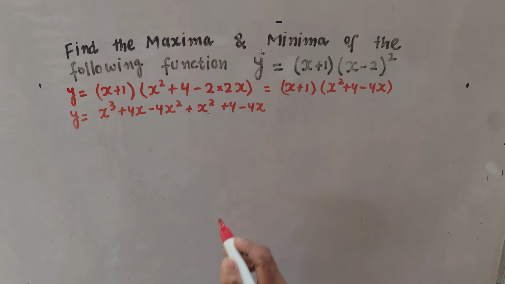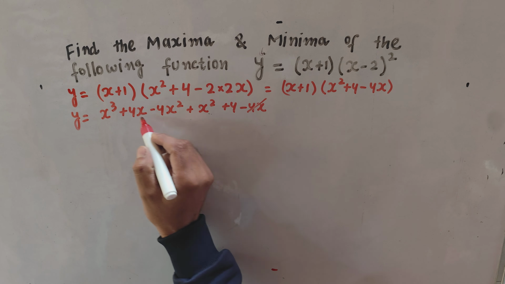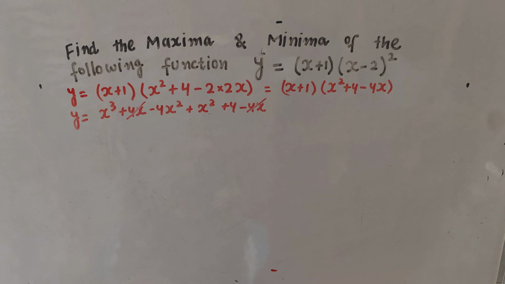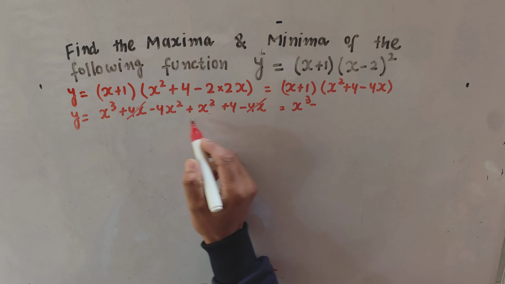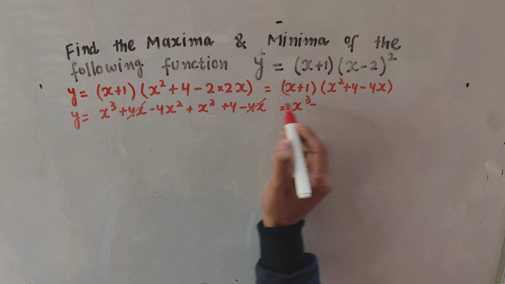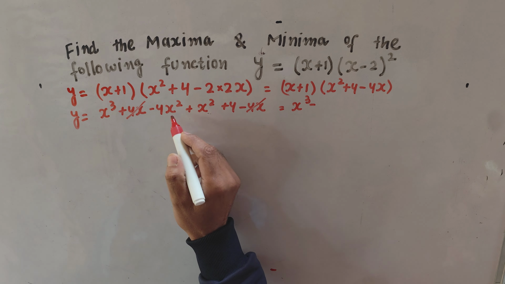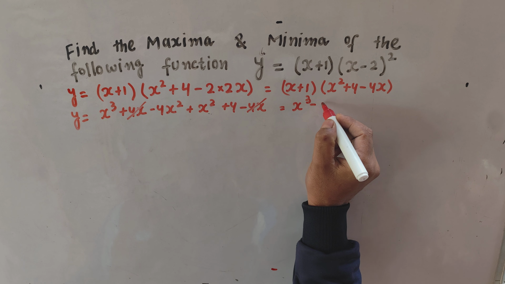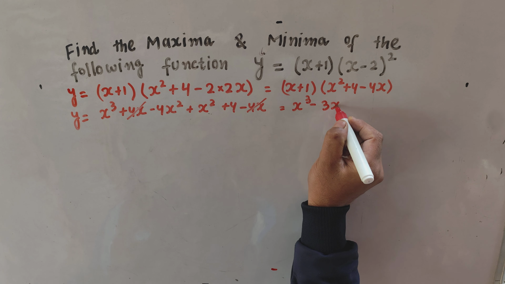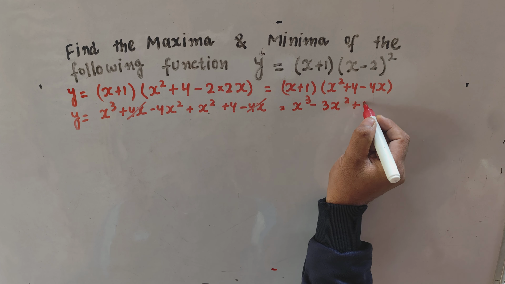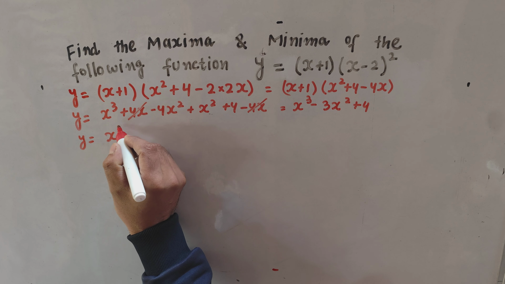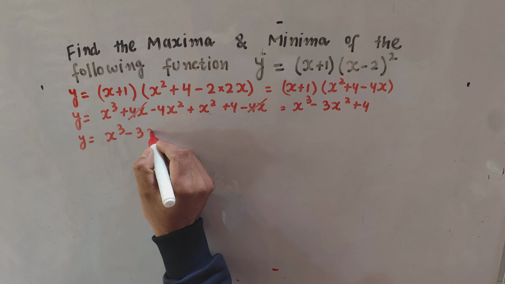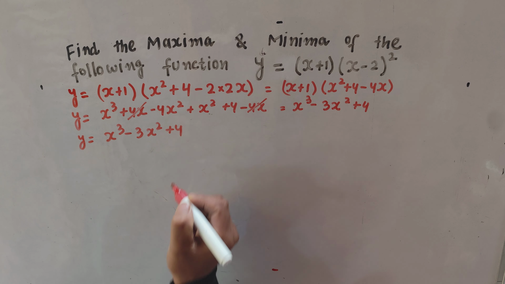Solving further, 4x and negative 4x get cancelled. We are left with x cube, negative 4x square plus x square, which is negative 3x square, plus 4. Okay, so our y is equal to x cube minus 3x square plus 4.